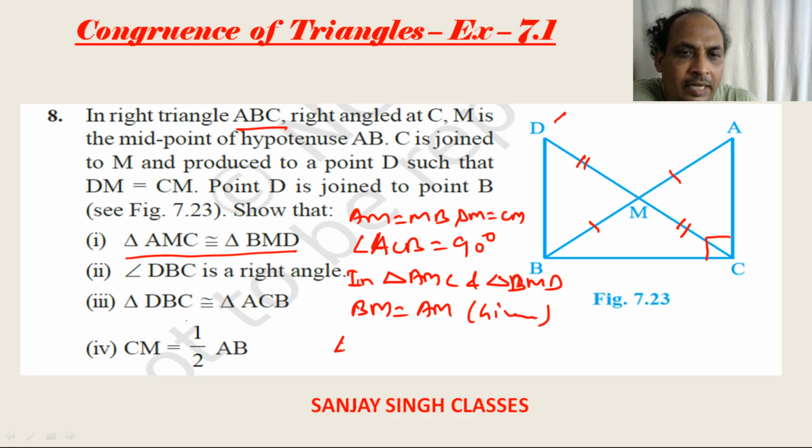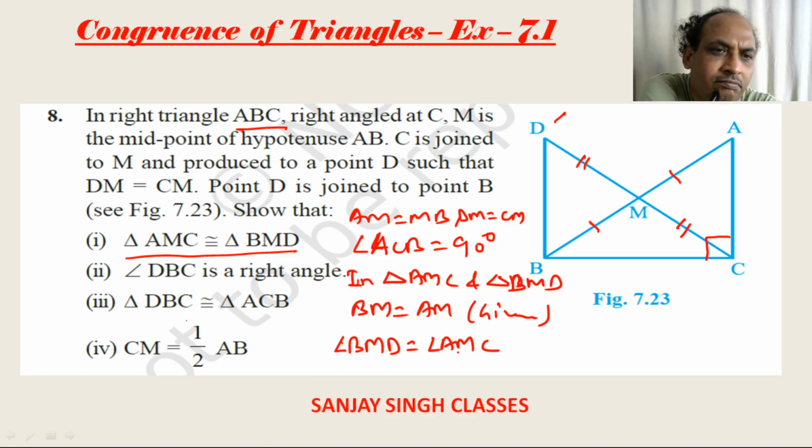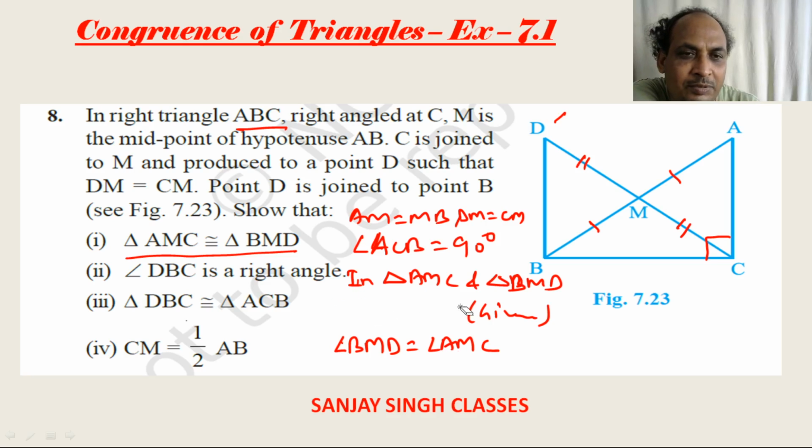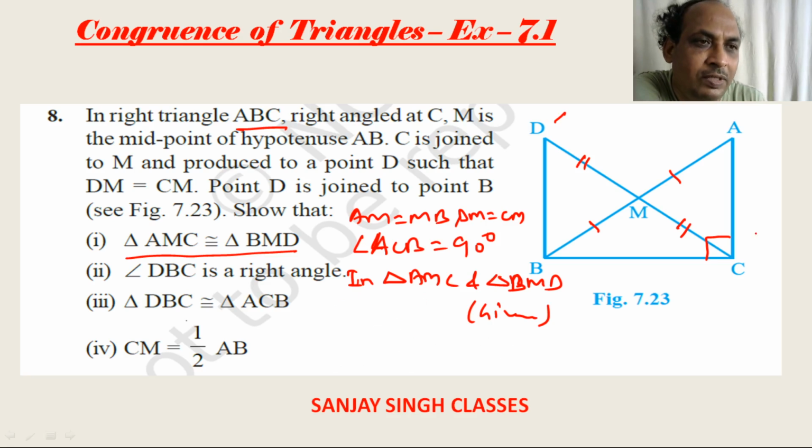Then angle BMD is equal to angle AMC. We need to write first of AM, AMC. I am writing in reverse, so first we need to write about this and then we will be writing about this triangle.